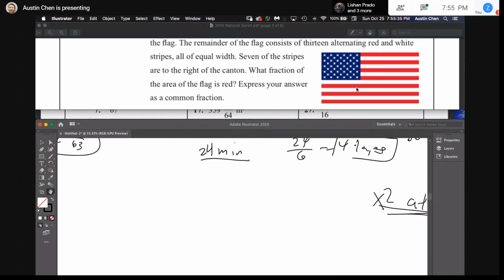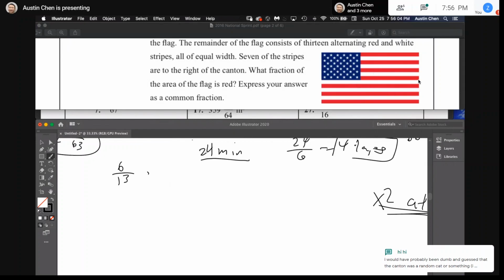All right, so we can first look at this bottom part where it's just white and red stripes. So we know that the area of this bottom box of the total flag is going to be 6/13 because we have 13 stripes all here and we have 6 stripes here, right?